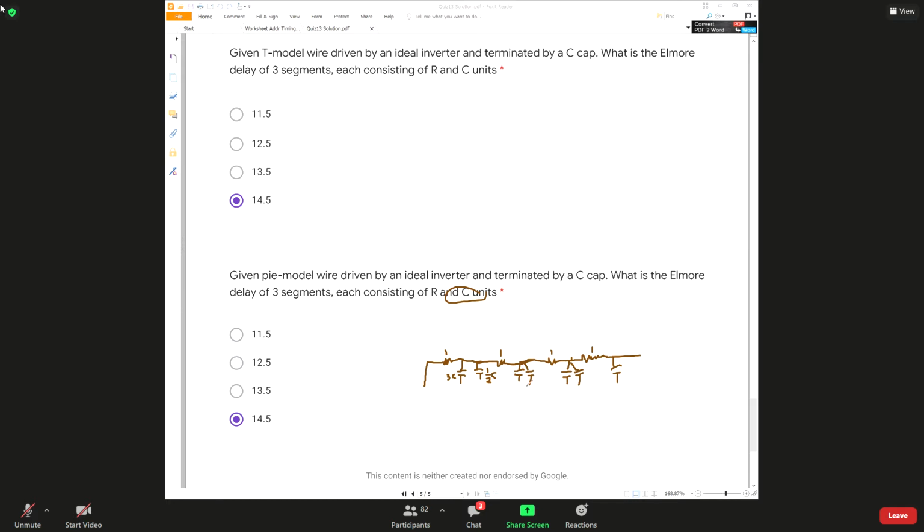So I'm just going to call it 1 C for the whole thing. And then here's another 1 C for the whole thing. And output, look at this. Output is terminated by 1 C. Okay. And we have basically 0.5 C over here, and then 1 C here. And that makes the capacitance of the output node how many C's?